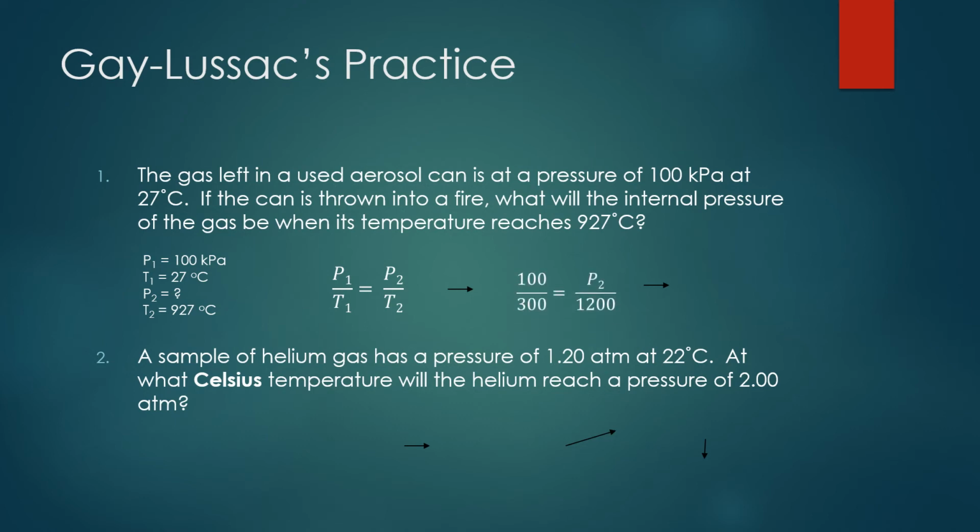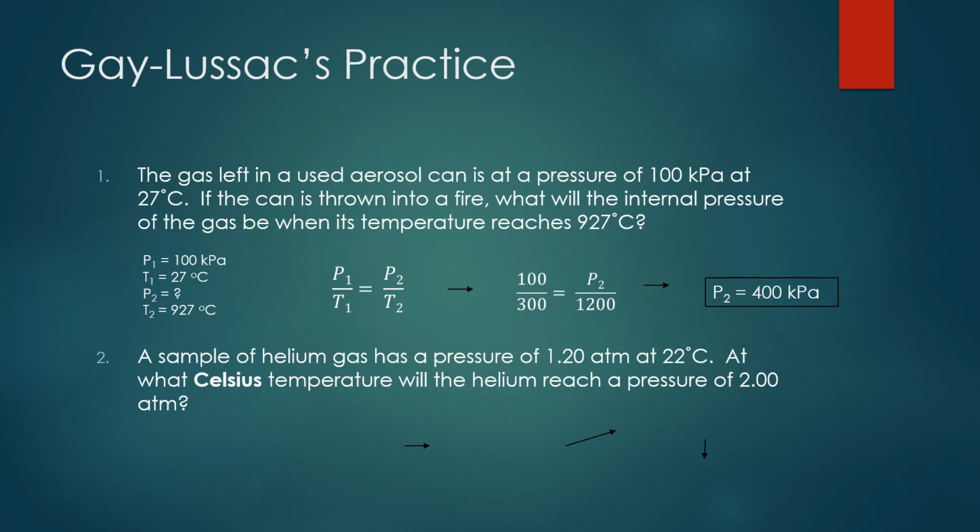Then I go ahead and plug in my numbers. Remember that my temperature needs to be converted into Kelvin. So I took 27 degrees Celsius, I added 273, and I did the same thing for 927 degrees Celsius. I go ahead and solve for my final pressure, and you should have gotten roughly about 400 kilopascals.